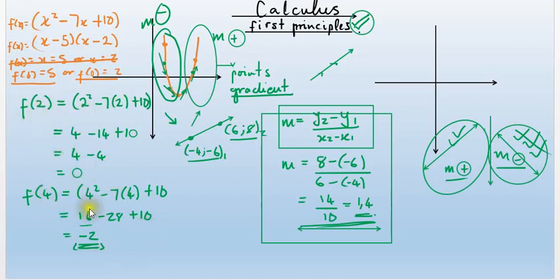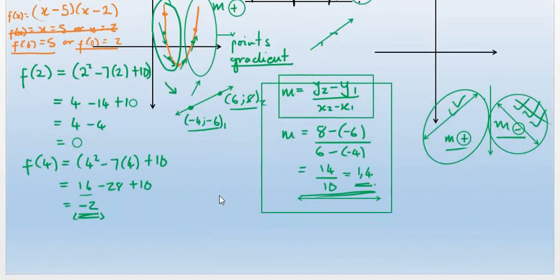You got y value 0, y value negative 2, all based on x values 2 and 4. And we went on to emphasize the average gradient formula. We did definitions as well, and we spoke about how you know when a gradient is negative and when a gradient is positive. Now let's go to the next.